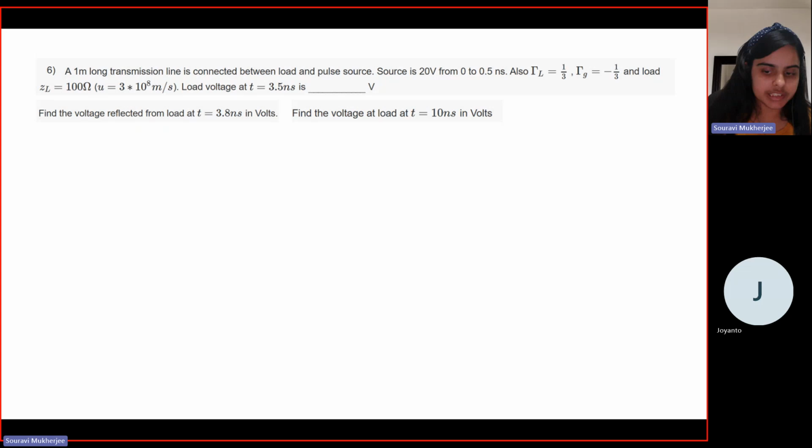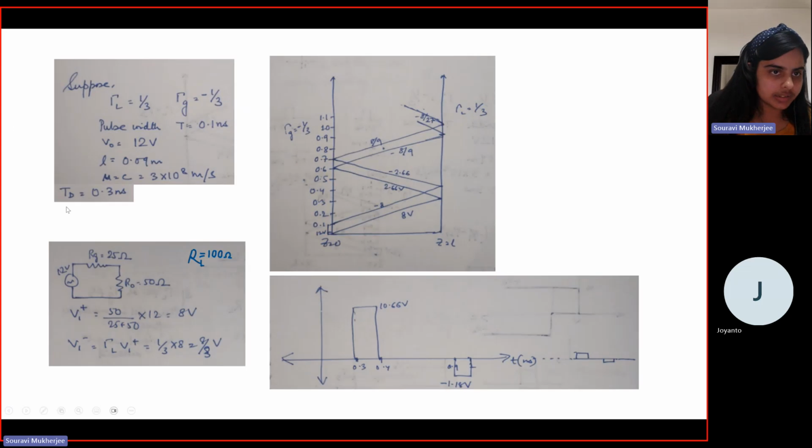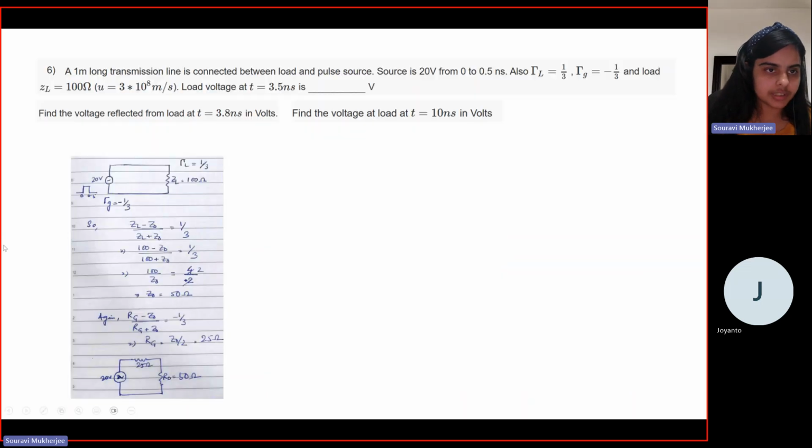And that would be your TD value. You again know gamma L and gamma G, okay? And you know RL. So because you know all of this, you can try to find the characteristic impedance of your transmission line and the impedance at the generator end.